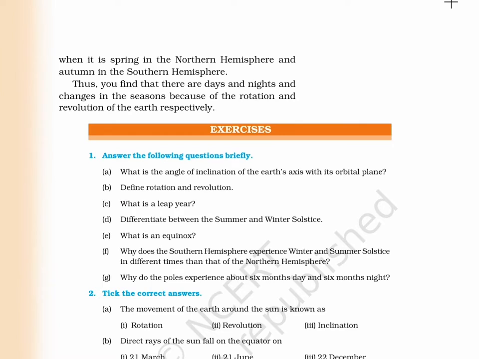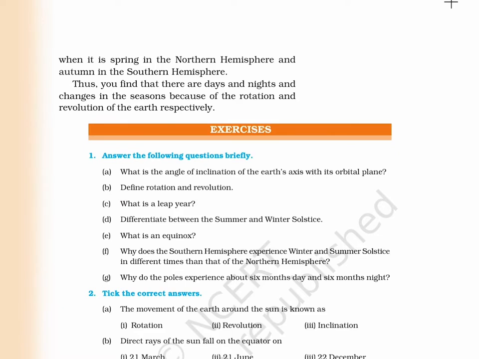Exercises. 1. Answer the following questions briefly. A. What is the angle of inclination of the Earth's axis with its orbital plane? B. Define rotation and revolution. C. What is a leap year? D. Differentiate between the summer and winter solstice.